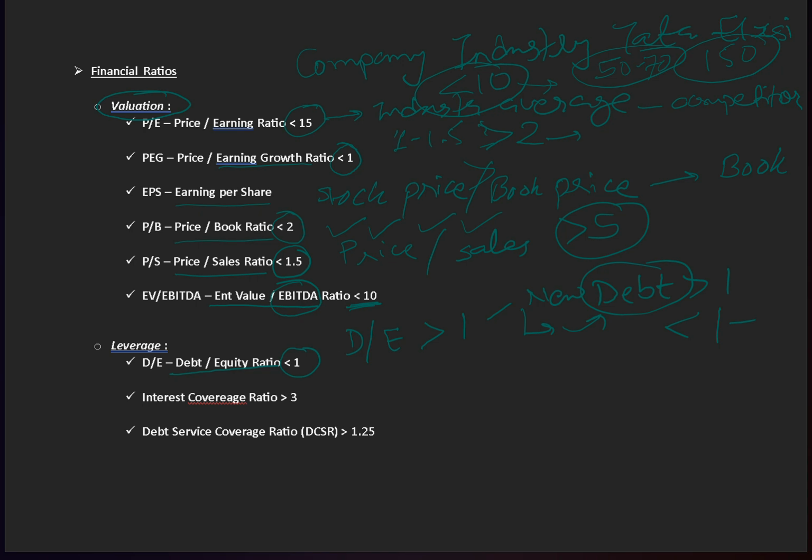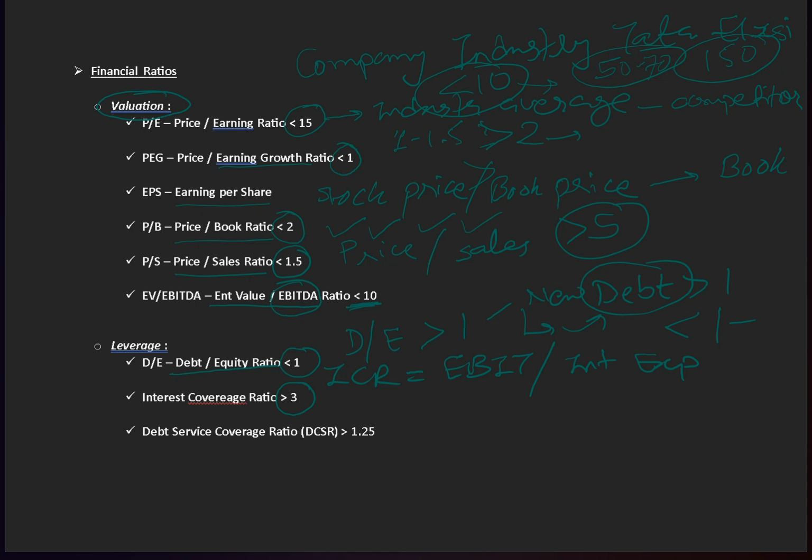Now next is the interest coverage ratio. This should be greater than 3. What is the interest coverage ratio? It is nothing but earning before interest and tax, EBIT, divided by interest expenses.